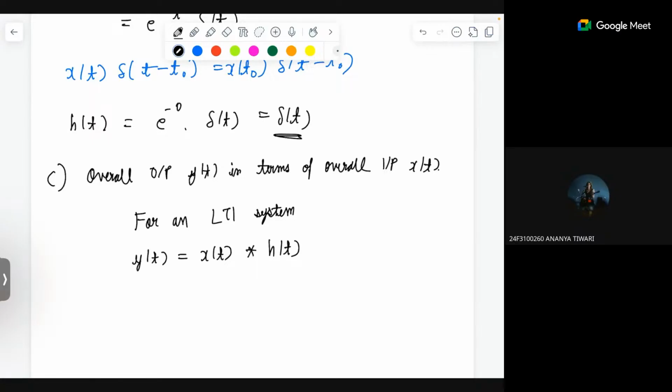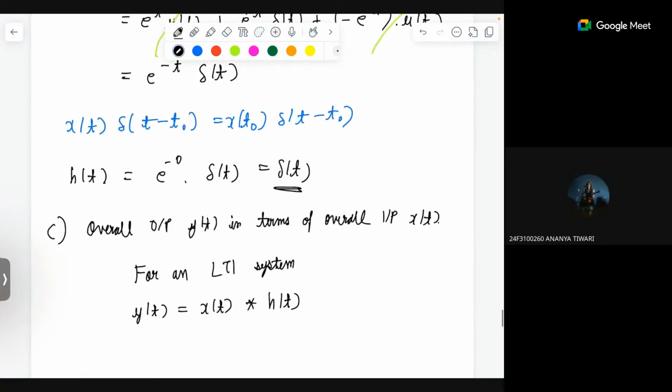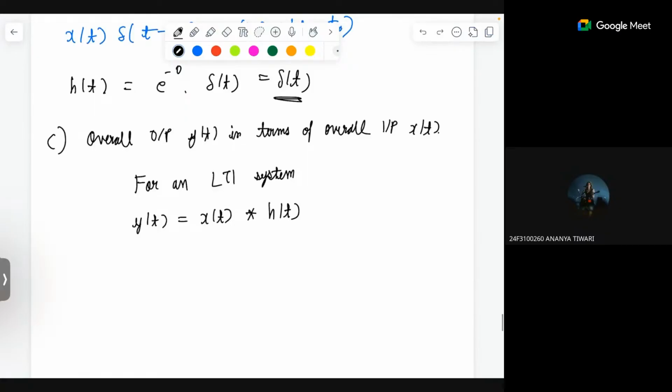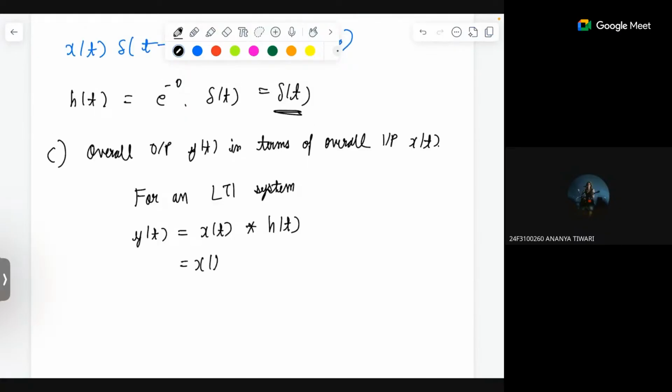Yes, ma'am. Now, I just found out in this part that ht, the overall impulse response, is delta t. So I will just substitute it here. So xt convolved with delta of t. What will I get? Xt.